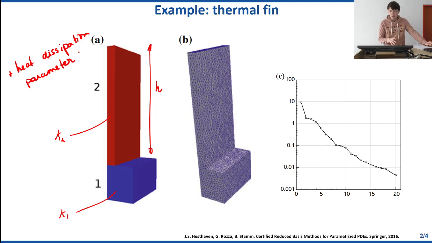So this is the reference configuration, and they have a mesh, so they compute everything on here. And now you can see that I think they used the greedy method for this. So I think this is their error estimate, and they can see how the error drops with the number of bases. That's what this is showing. This is probably a relative error, so you can already see that after they use 16 modes, they're below a 1% error.